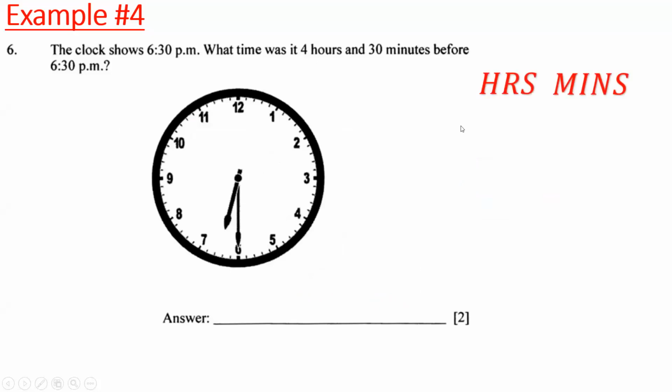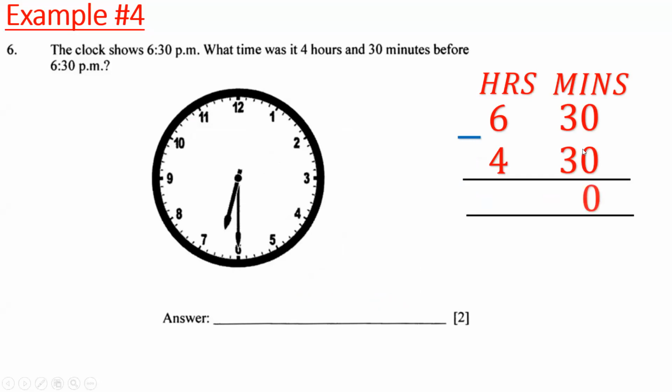So just like they were saying, we put 30 for the minutes and 6 for the hours, and then we say 4 hours and 30 minutes. Then we subtract. 0 minus 0 is 0, 30 minus 30 is still 0, and then 6 minus 4 is 2. So the answer is going to be 2 p.m.